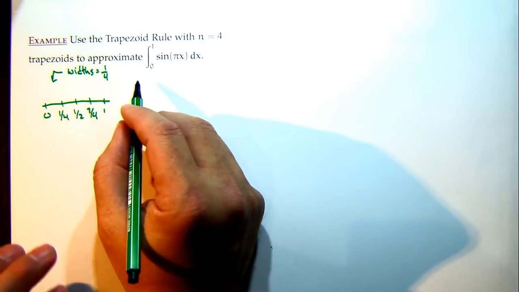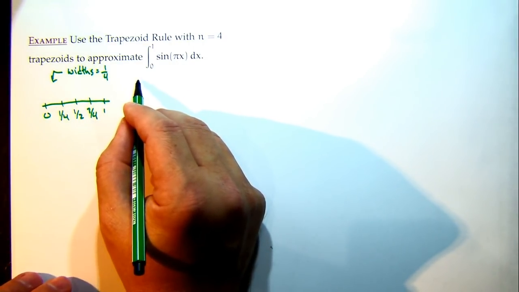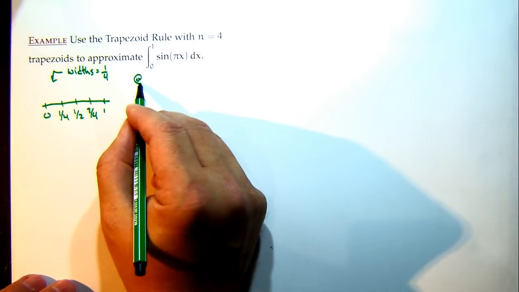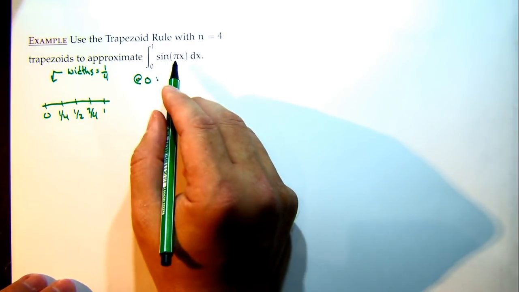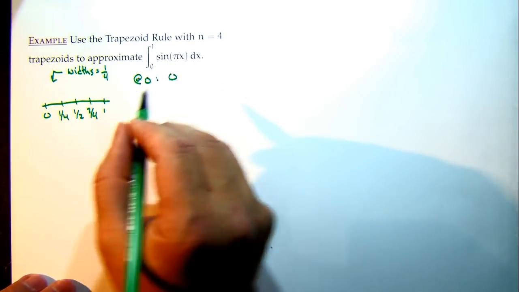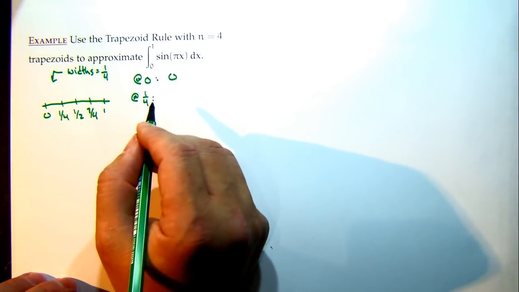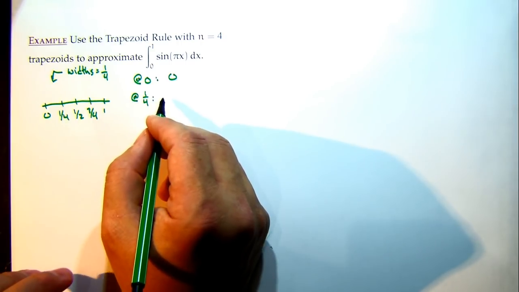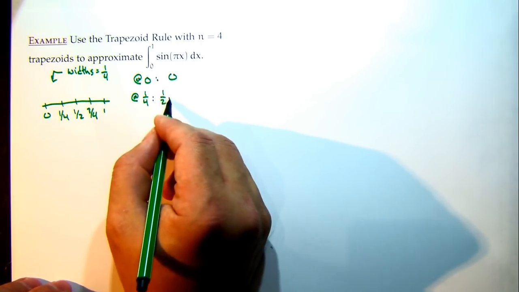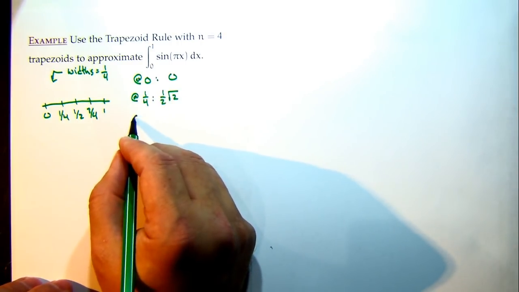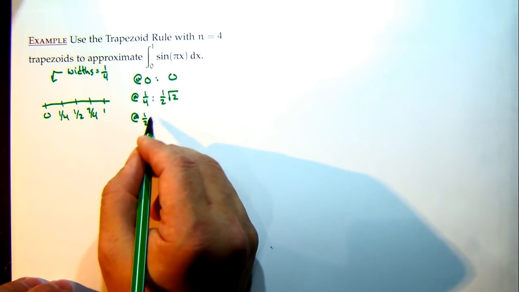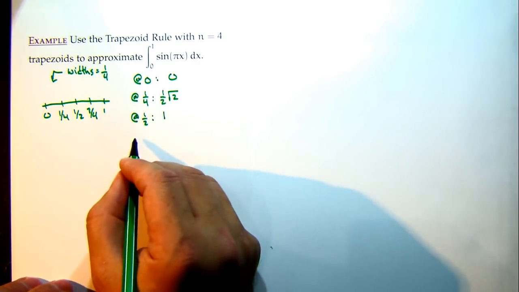Because essentially what's happening is I'm sampling. So at 0, I get sine of 0, which is 0. At 1/4, I get sine of pi fourths, and sine of pi fourths is, that's right, 1/2 square root of 2. Good. And then at 1/2, sine of pi halves is 1.